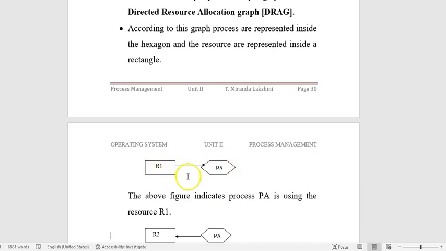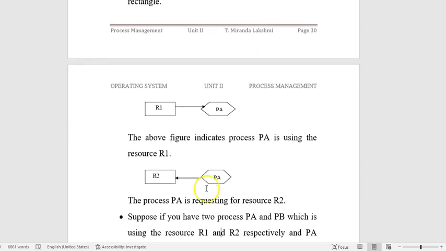In the above diagram, if this arrow mark is pointing to this hexagon, it indicates that PA is using the resource R1. Similarly, in this diagram, PA is requesting R2. Here the arrow mark is pointing to this rectangle box.